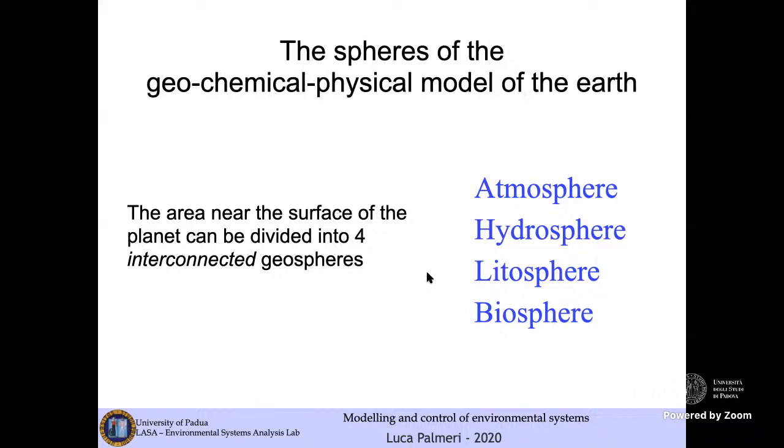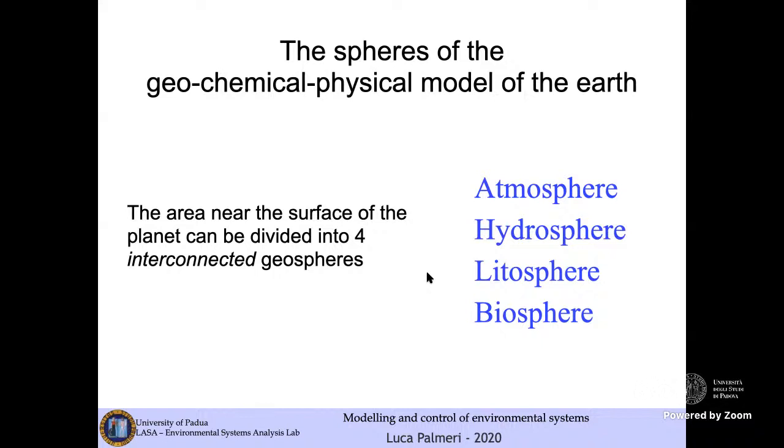Please note that this subdivision is not a sharp subdivision between the ecospheres, because, for example, atmosphere and hydrosphere, just to give you an example, are permeating each other.